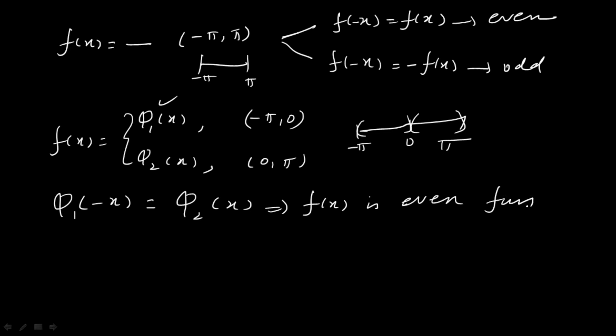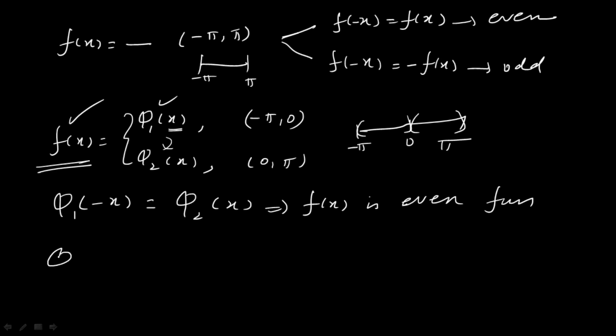If phi 1 of minus x gives you phi 2 of x, we come to the conclusion that f of x is an even function.